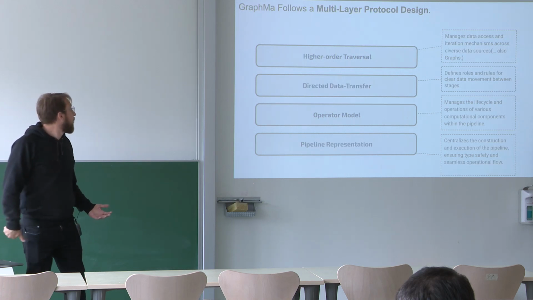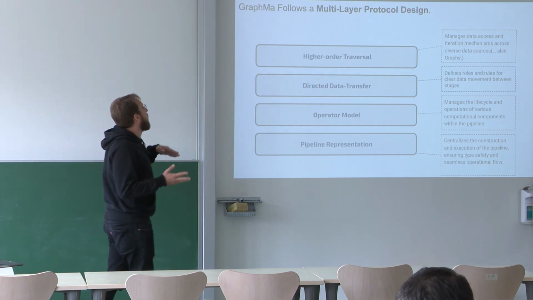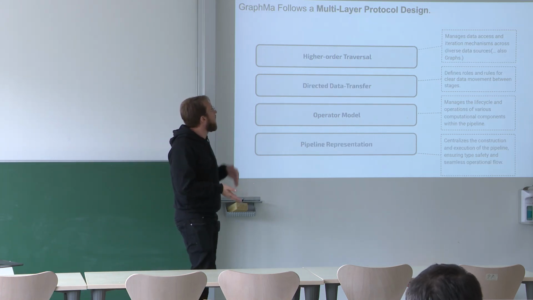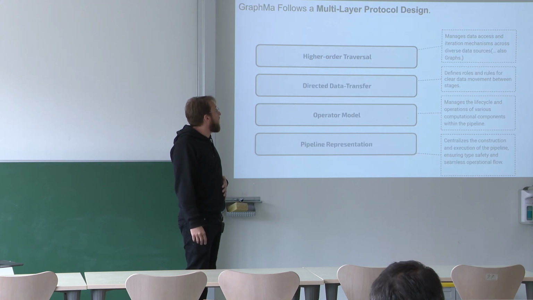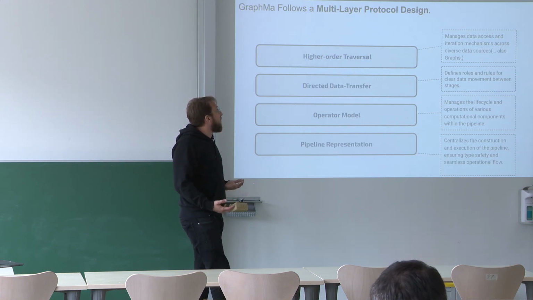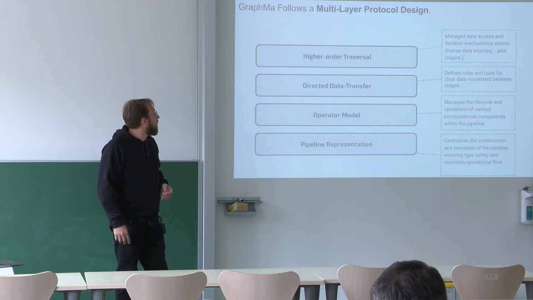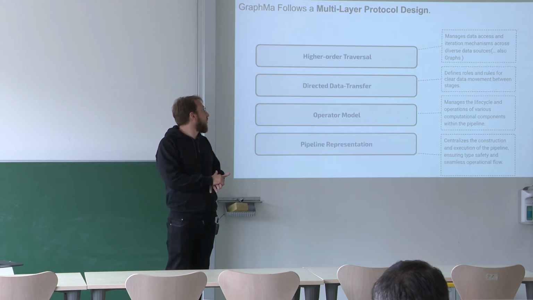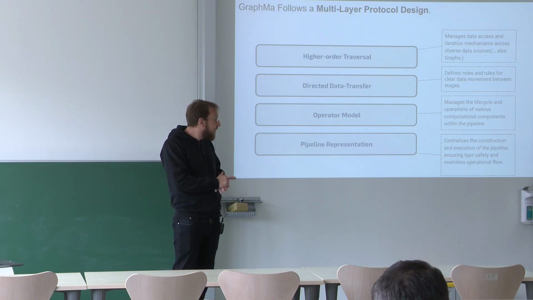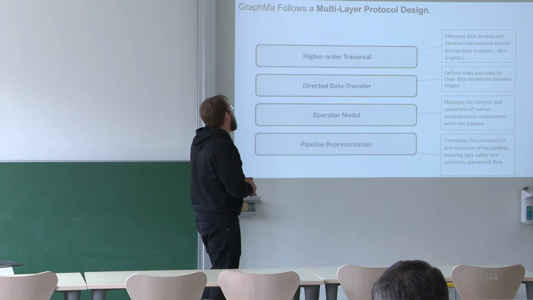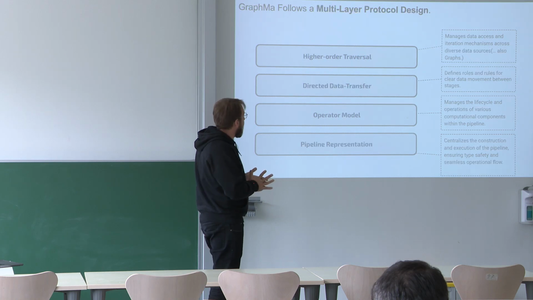We followed a multi-layer protocol design. So we have something like a traversal layer that manages access and an iteration mechanism across different data sources. Directed data transfer that defines roles and rules for clear data movement between stages. And the stage is something like a BGO.